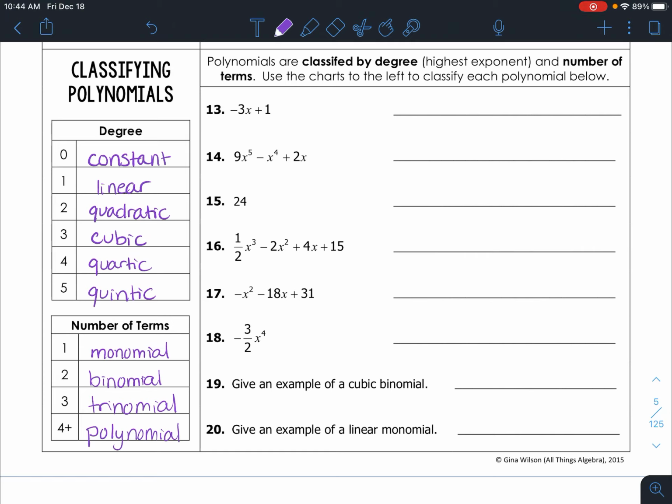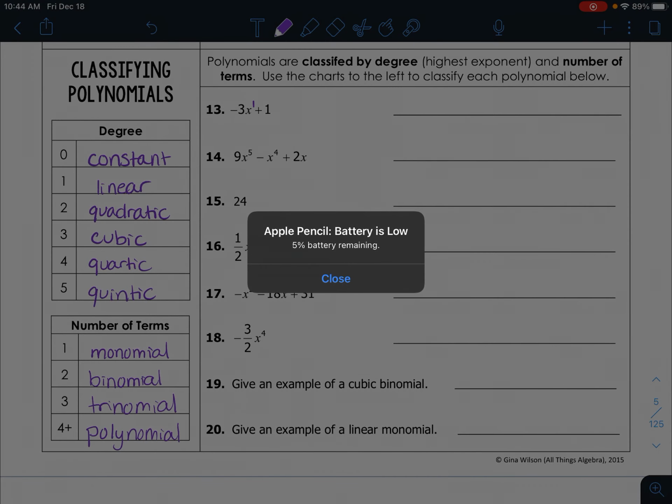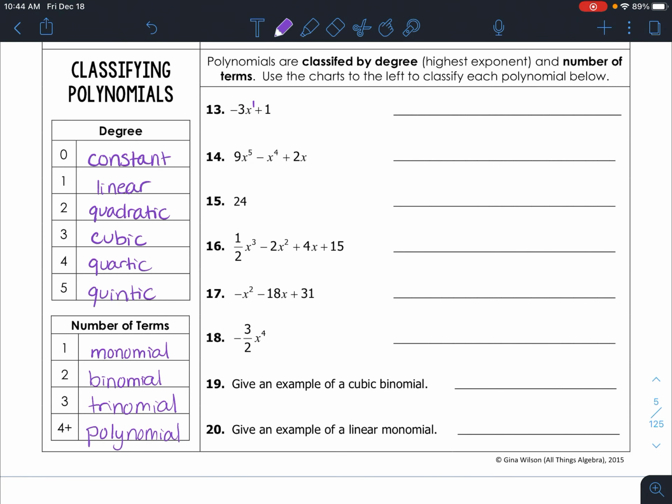Okay, so number 13. First we're going to classify it by degree and then by number of terms. So my highest degree here is x to the first. So it will be a linear. And then there are 2 terms. So it is a binomial. The second one here, we have to the fifth.